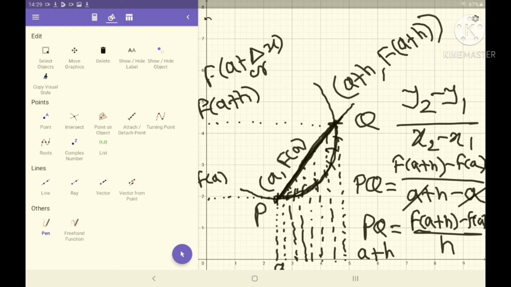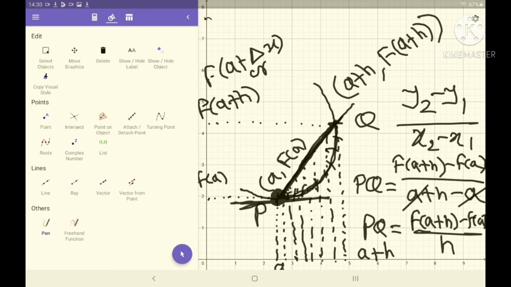Now when your point Q exactly moves onto point P, at that time you can say that you have a tangent for this curve, because a chord is a line intersecting at 2 points, and a tangent means a line which is passing through a single point of that curve.